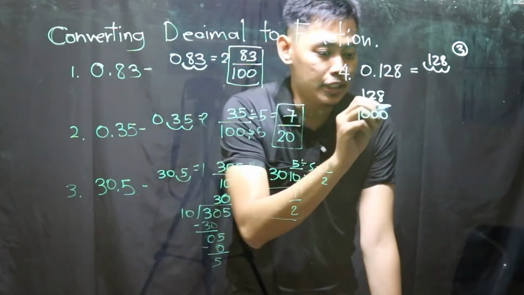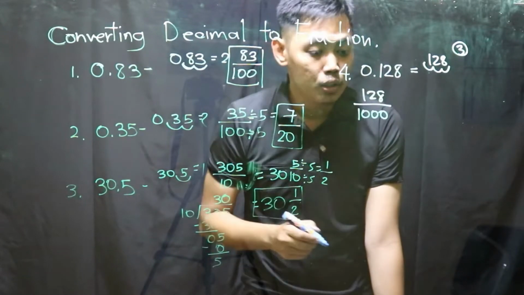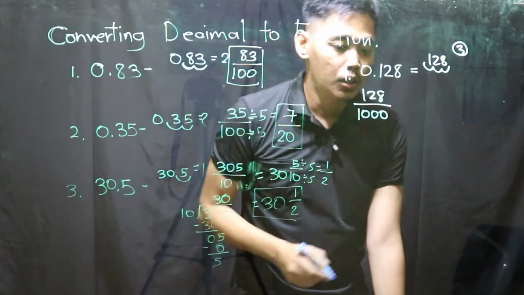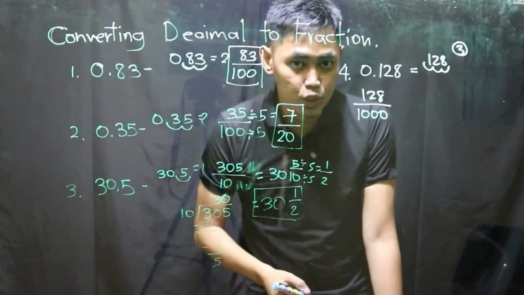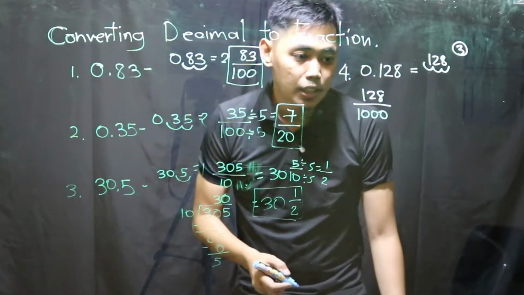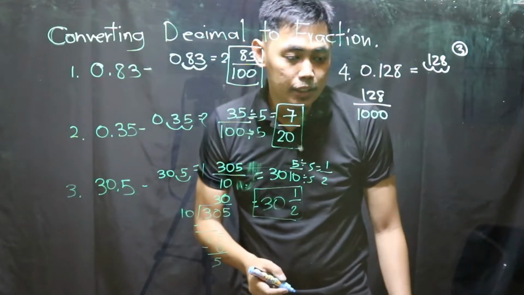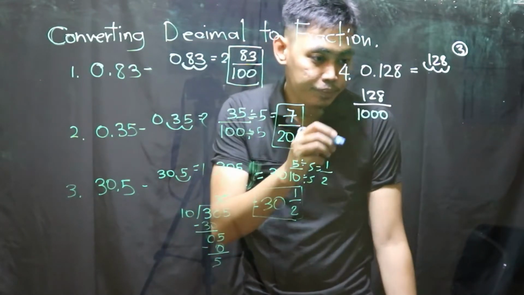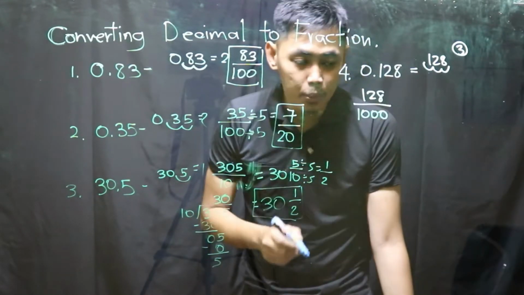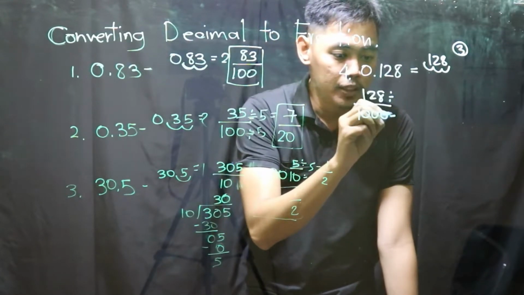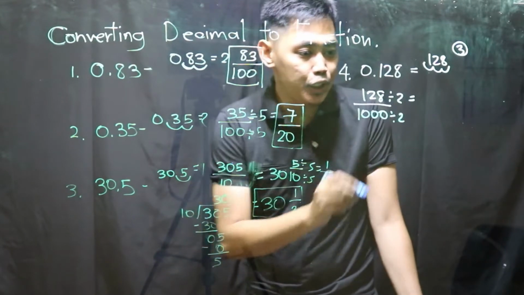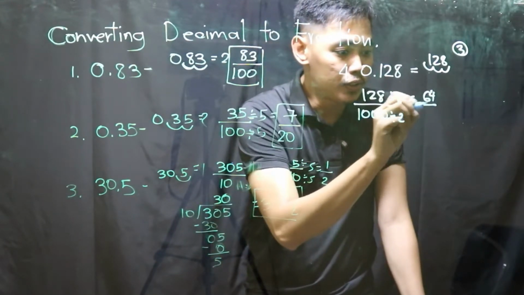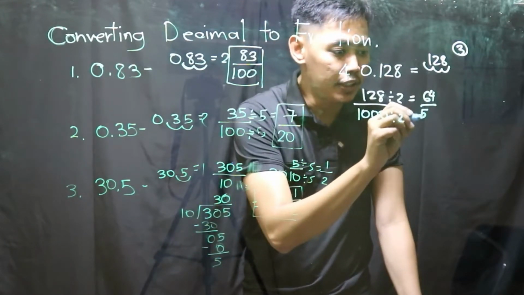Alright? Then, we will change it to lowest term. So, how do we change this one to lowest term? Let us try dividing both sides by 2. Okay? By 2. And then 128 is 64 over 500.